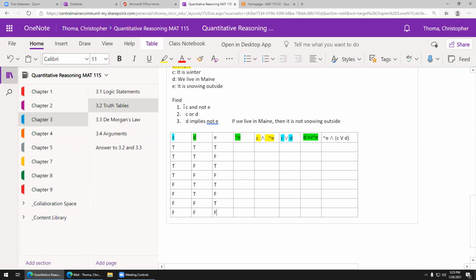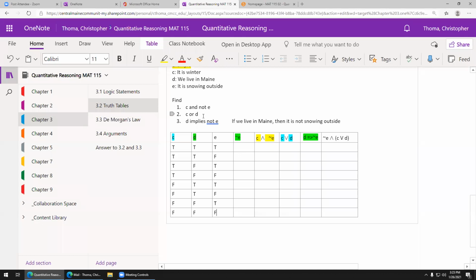I only need to have 3 more columns technically because I am only looking for 3 answers. But you can see I have 1, 2, 3, 4, 5 columns because I want to make sure. Well, I have 5 because I do an extra one at the end. But I basically created an extra column for not E because that way it keeps me from making a mistake mentally that I'm supposed to always do the opposite.